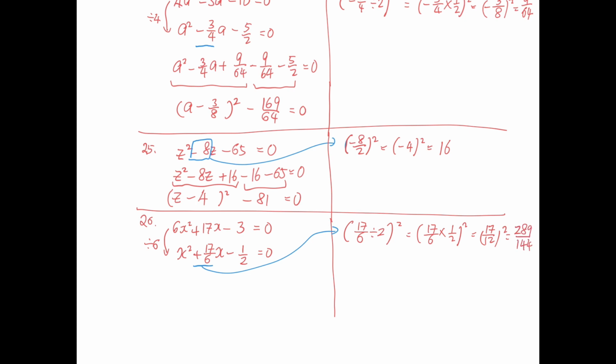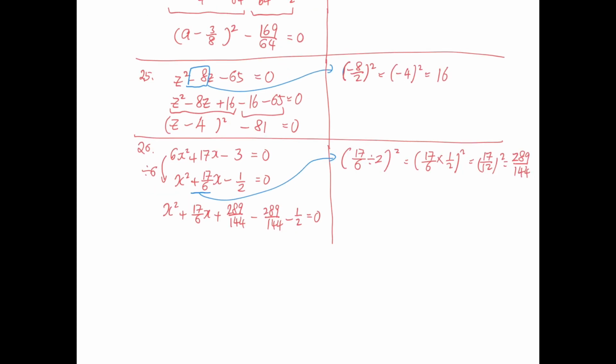So you have to add this 289 over 144 at the third term and the fourth term. So it becomes x squared plus 17 over 6x plus 289 over 144 minus 289 over 144 minus half, equal to 0. Okay, so the first three terms are now a perfect square, so we just factorize it.